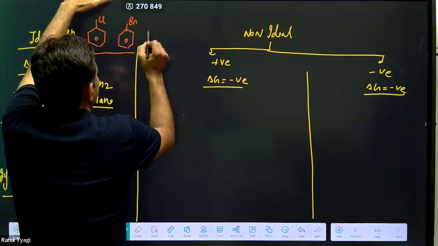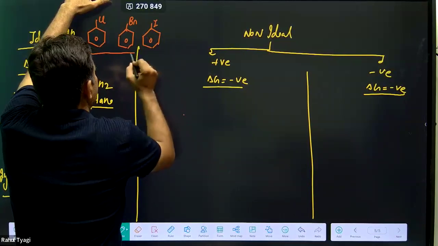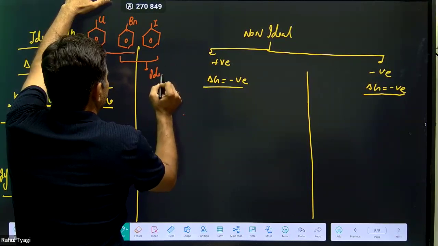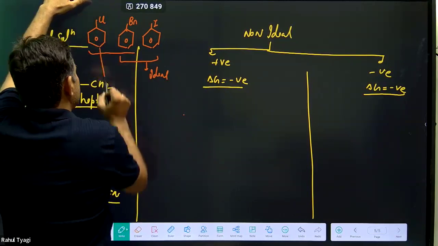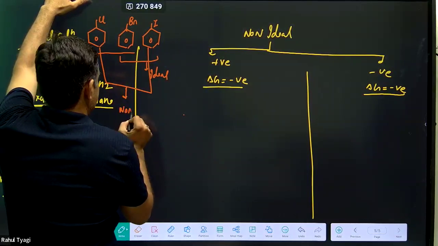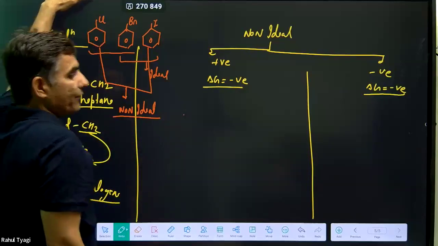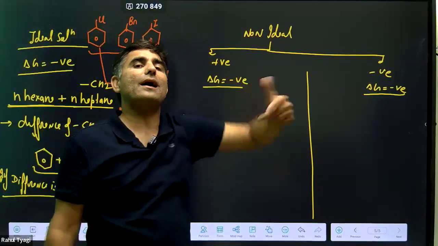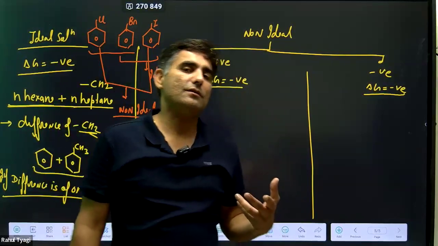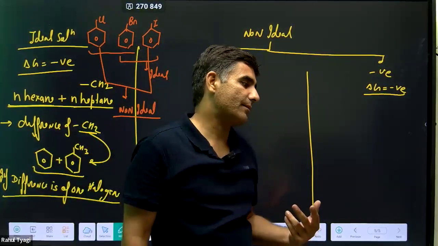If there is iodobenzene, then the pair of this one is ideal, but this one and this one is non-ideal. If there is a difference of successive halogen, for example chlorobenzene and bromobenzene, then it forms a pair of ideal solution.